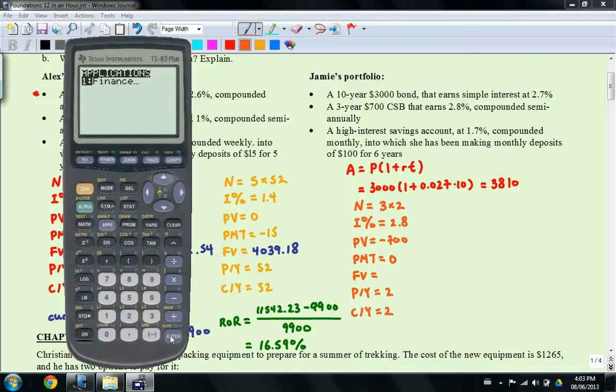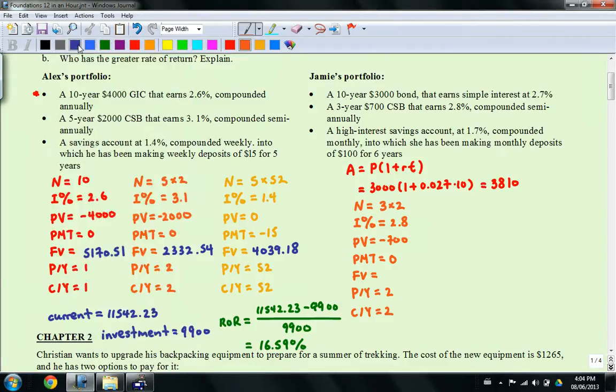So you hit Apps, Finance, TVM Solver, 3 times 2, then 2.8, negative 700, 0. The future value is what we're looking for, and then just 2's. So the future value will be $760.90. Okay, let's write that down. $760.90. It should be blue as well.